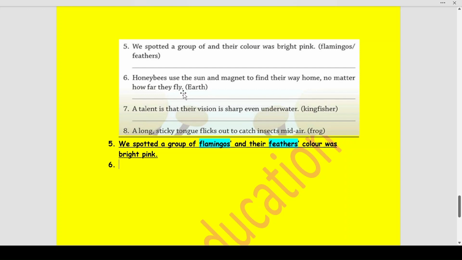Next, honeybees use the sun and magnet to find their way home no matter how far they fly. Earth. Honeybees use the earth, sun, and magnet to find their way home.